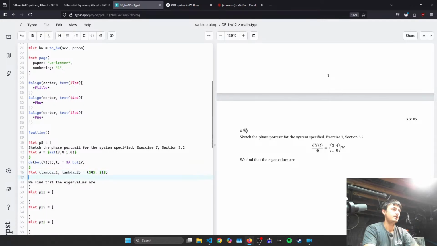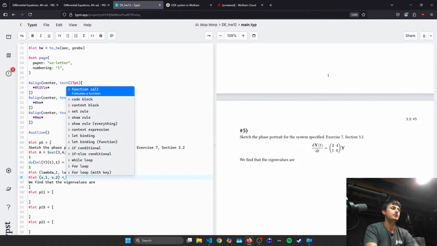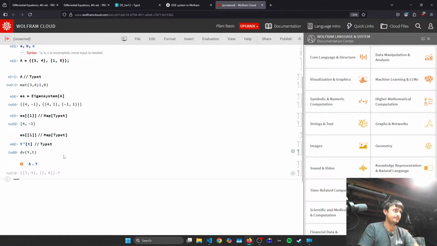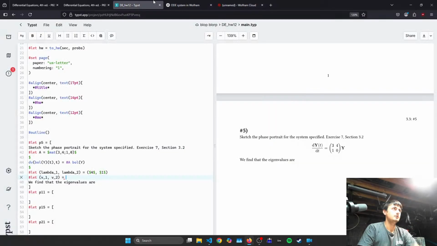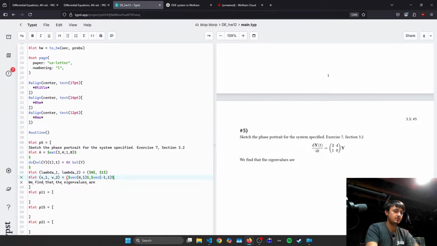Okay, then we want, let v1, v2 equal to, and then let's just need to turn this into this dollar, this dollar, this.